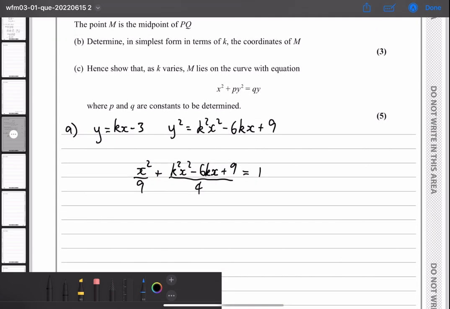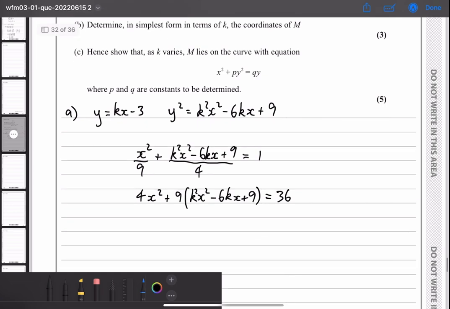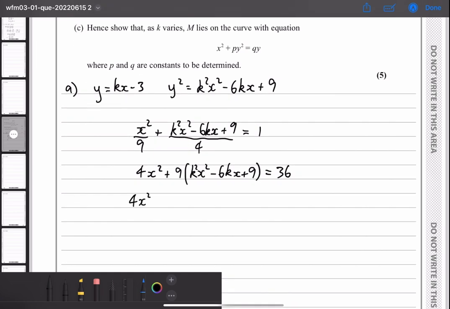From here it's just algebra and multiply everything by 36, so we get 4x squared here, plus 9 lots of k squared x squared minus 6kx plus 9 is equal to 36. Then we've got 4x squared plus 9k squared x squared minus 54kx plus 81 minus 36 is 0, and that gives me a plus 45.